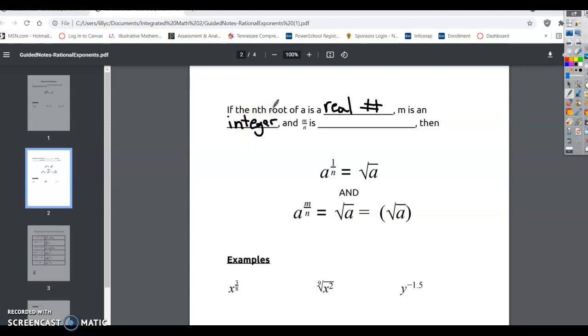Remember, integer can be positive or negative, and m over n is rational. All right, so we've got a to the 1 over n equals the nth root of a. And that means a to the m over n equals the nth root of a to the m.